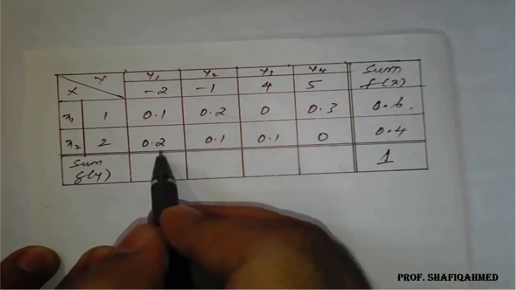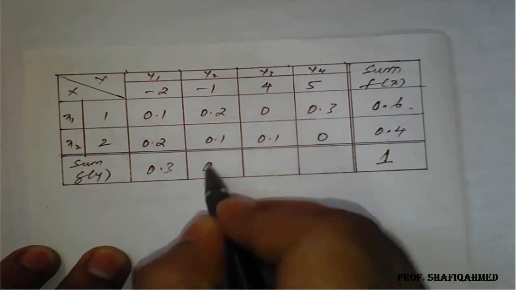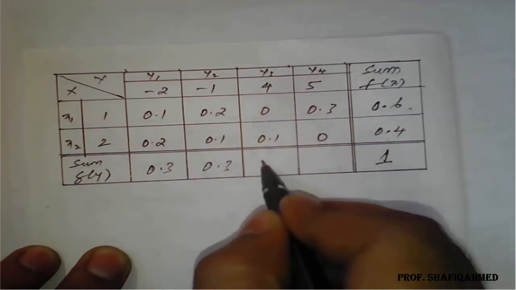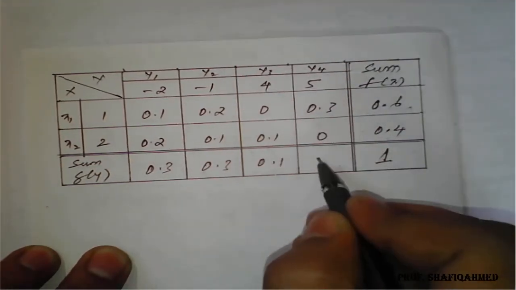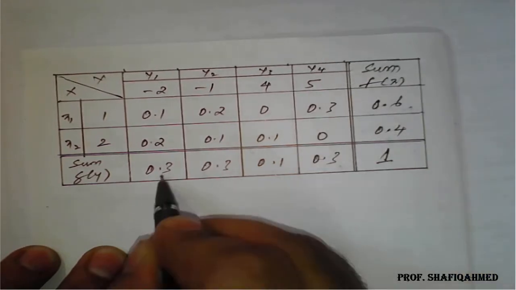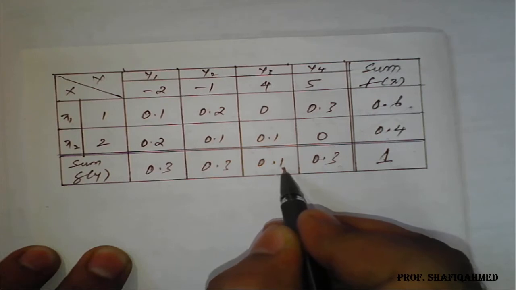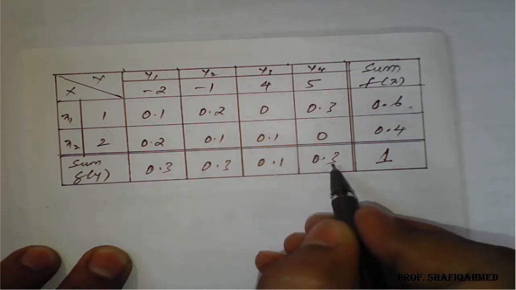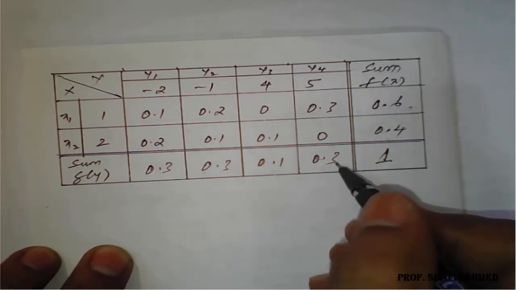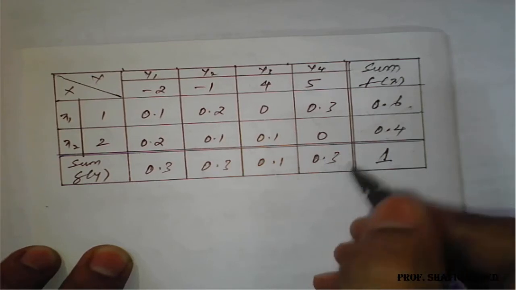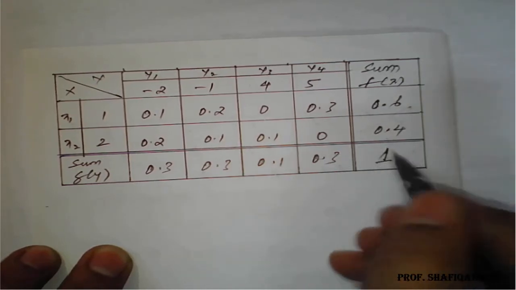Similarly, 0.1 plus 0.2 is 0.3, 0.2 plus 0.1 is 0.3, 0 plus 0.1 is 0.1, 0.3 plus 0 is 0.3. So 0.3 plus 0.3 is 0.6, 0.6 plus 0.1 is 0.7, 0.7 plus 0.3 is 1.0, that is again 1. So this satisfies the table.